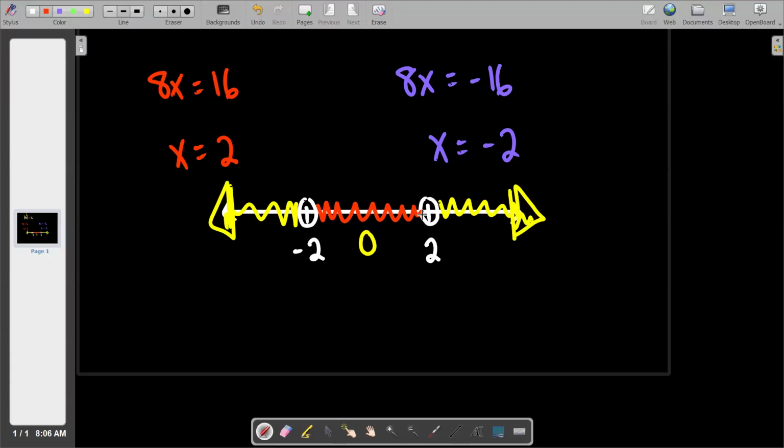If 0 didn't work, what does that mean? No, 0 didn't work. The red one doesn't work. If you can prove, which we just did by testing the number 0, that the red did not work, then this solution region does not work.